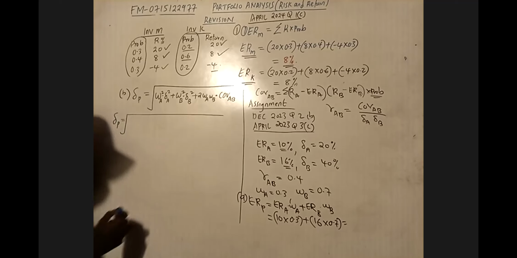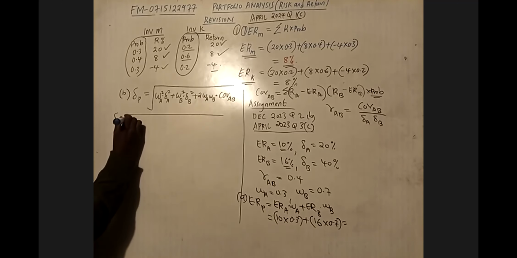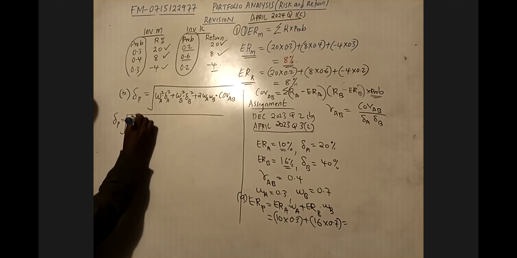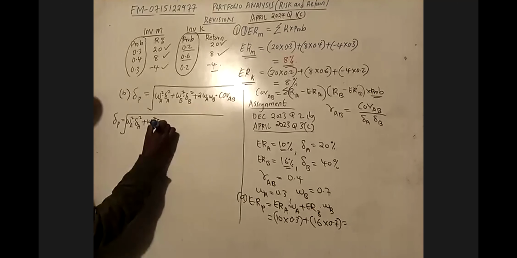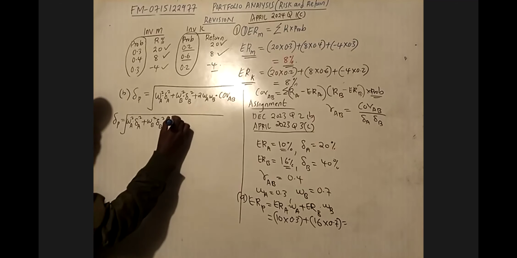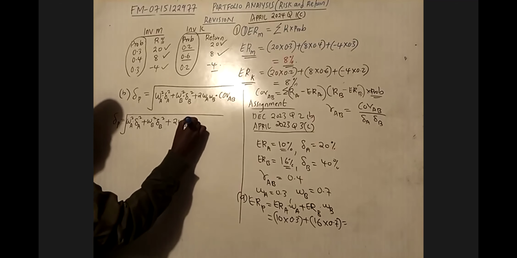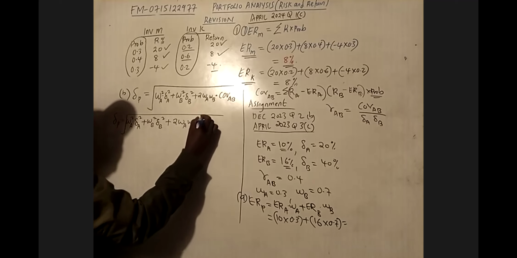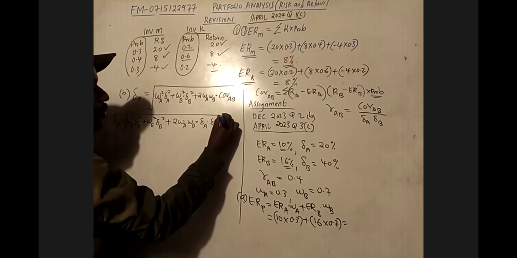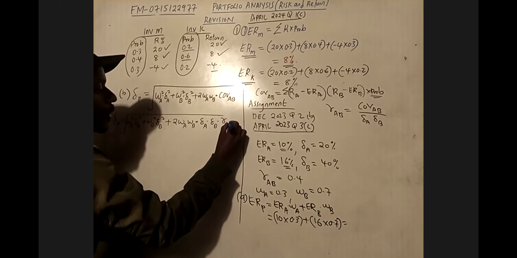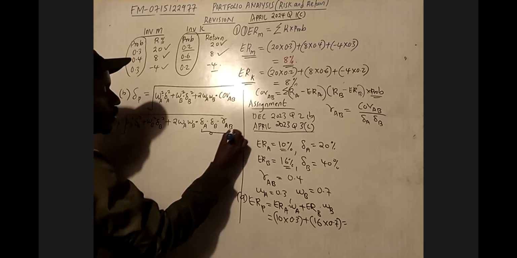So the formula will be changed in this manner: weight of A squared times the deviation of A squared, plus weight of B squared times the deviation of B squared, plus 2 times weight of A, weight of B, multiplied with the standard deviation of A times standard deviation of B times correlation coefficient of A and B. This part means covariance.